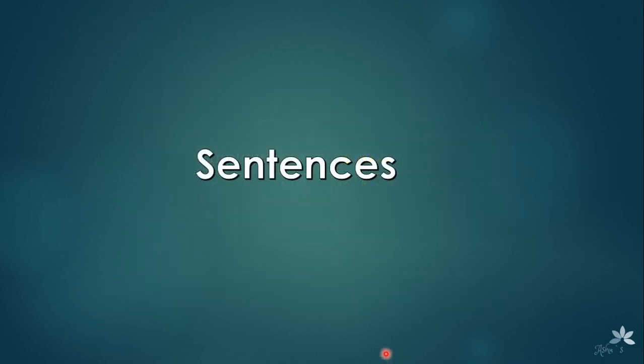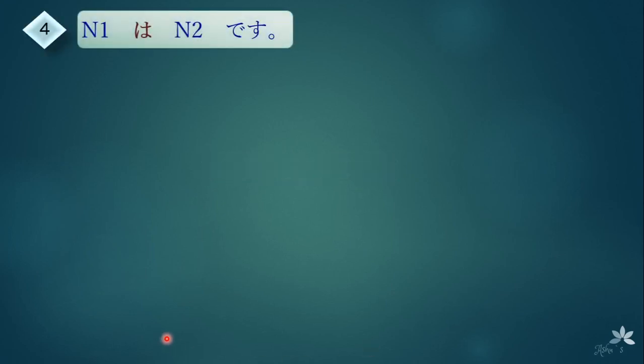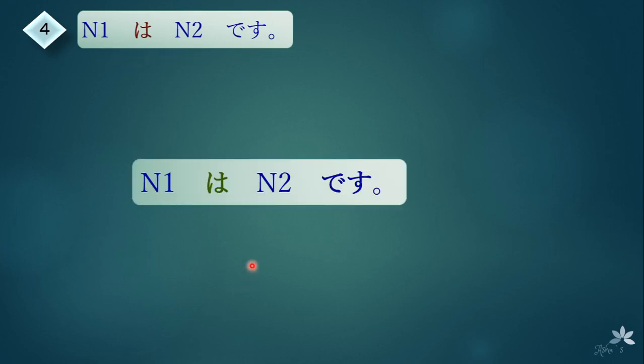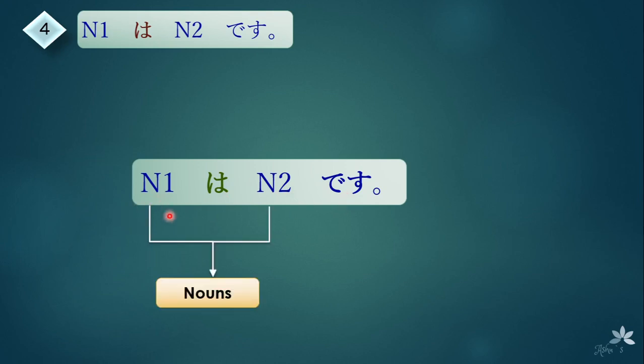Now let's learn to make some simple sentences. The first pattern we are going to learn is N1 wa, N2 desu. In this sentence pattern, the N denotes nouns. N1 and N2 are two different nouns.